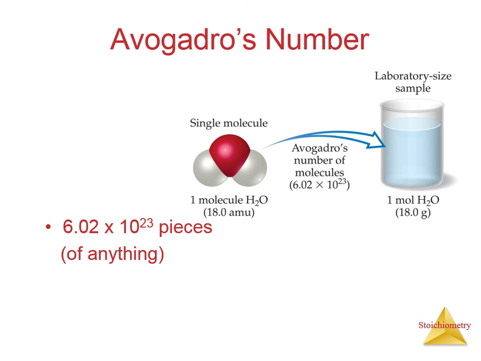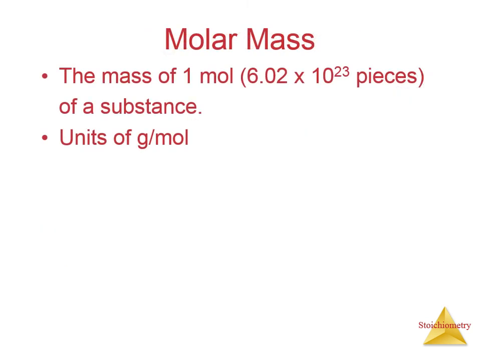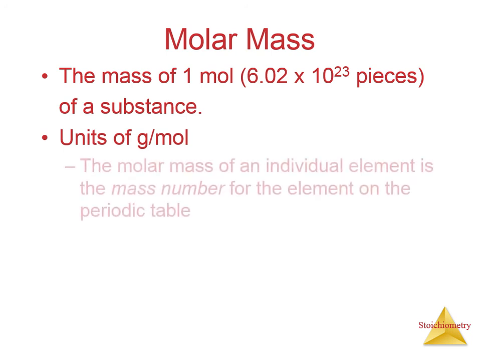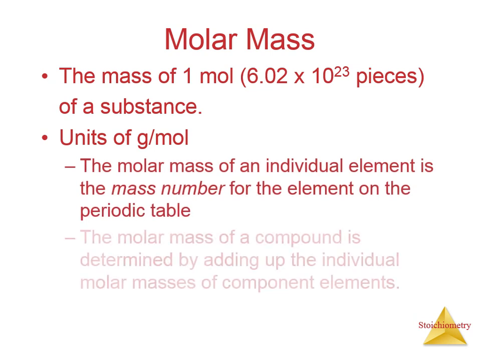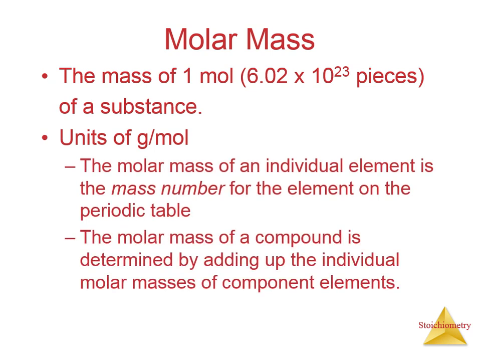So we got to use a big honking number to describe how many atoms we have. So a mole of anything is 6.02 times 10 to the 23rd pieces of that stuff. So think of a mole as a quantity, like a dozen. It's a rather nebulous term, but I want you to think of a mole as a dozen of those pieces. Right? So molar mass is how much a mole of those things would weigh.